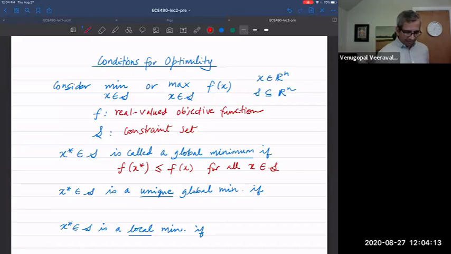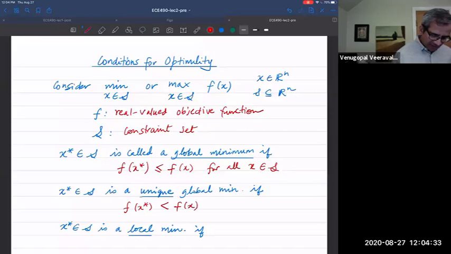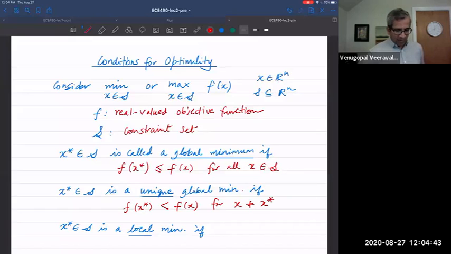Now this global minimum is going to be unique if what other condition holds? It's going to be unique if f of x star is strictly less than f of x for all x not equal to x star. Then this is the only one that can be the global minimum, because it's strictly less than every other x.